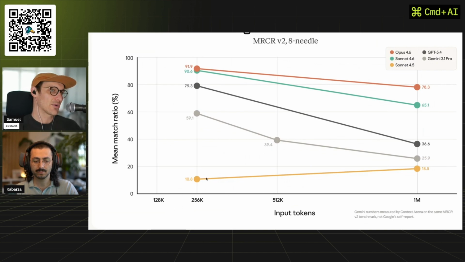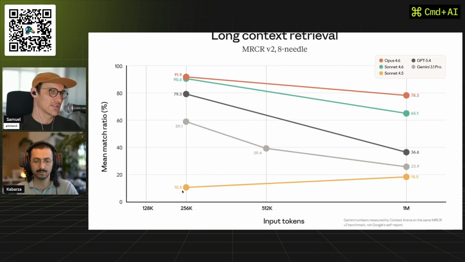Mean match ratio, I don't know what mean match ratio is, but is this saying Opus gets a little bit dumber, from 91 to 78? Sonnet 4.6 also gets a little bit dumber, but Sonnet 4.5 actually gets a little bit more intelligent. Is that what this is saying right now?